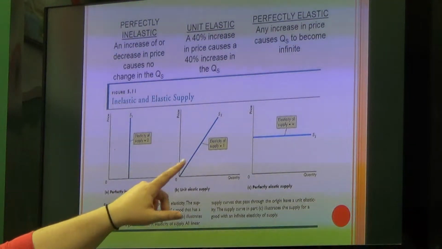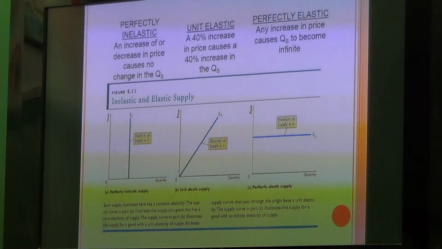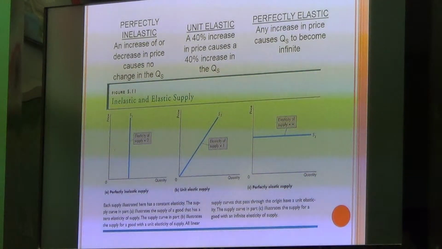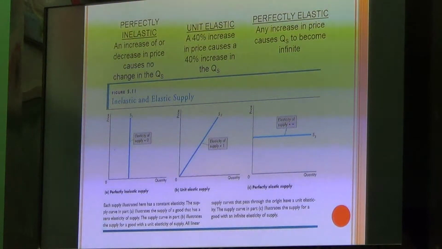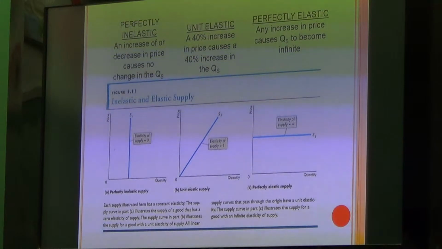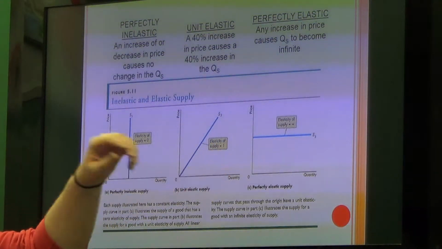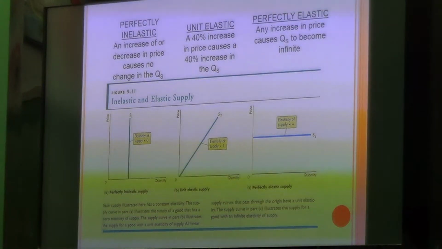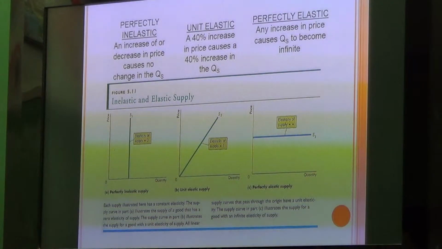So these are moving in the same direction, because the more money they can make, the more they're going to produce of that good. And then perfectly elastic, any increase in the price causes the quantity supplied to become infinite. So the elasticity is equal to infinity. And I think I have an example in that slide.